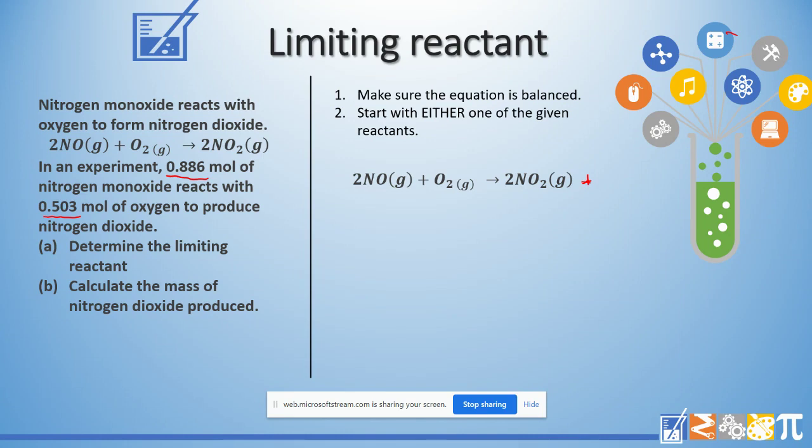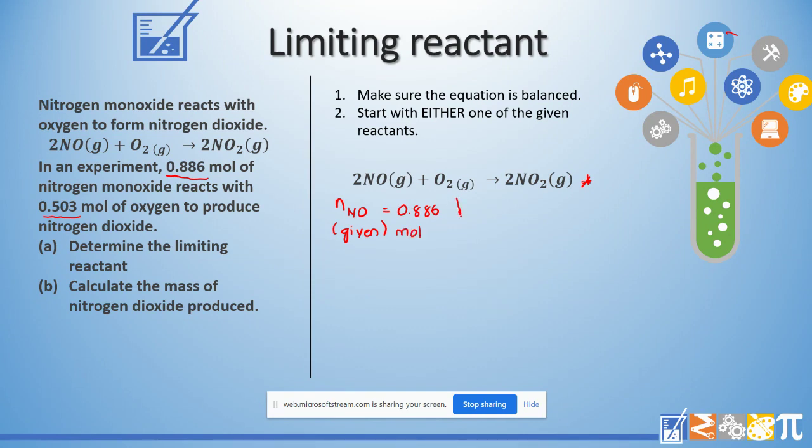Number one, you have to be clear of the information that you have. For example, here we have n of nitrogen monoxide. So I'm going to write it here. Sorry, n of NO. This is the value given to you, given is 0.886 mole.